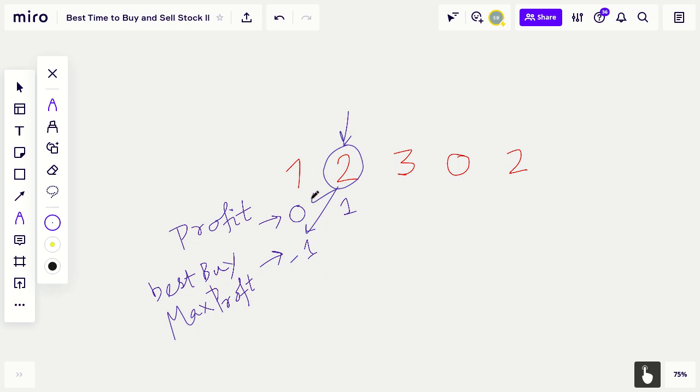But here there is a catch: you have to give at least 1 day of cooldown. In the best case you would just buy from the previous value, but here you cannot do that. So you have to skip the previous value while calculating the next value of this best buy max profit variable. So you have to look beyond it.